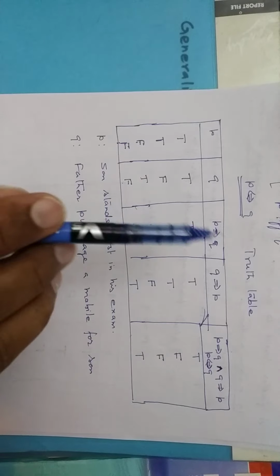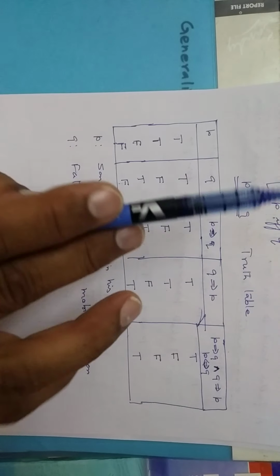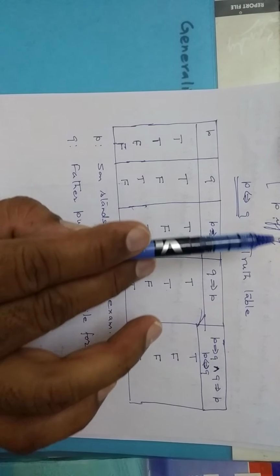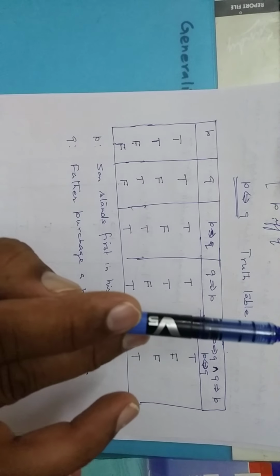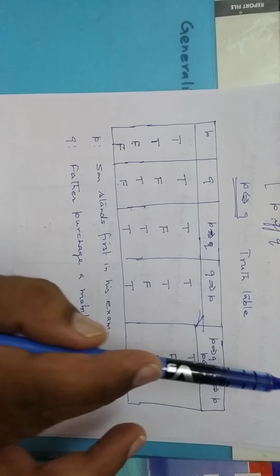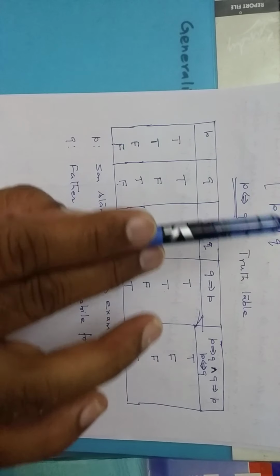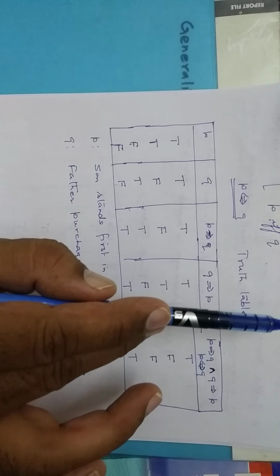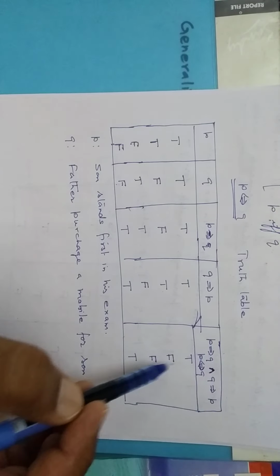Biconditional statement of P and Q means P if and only if Q, and the result will be given by this table.